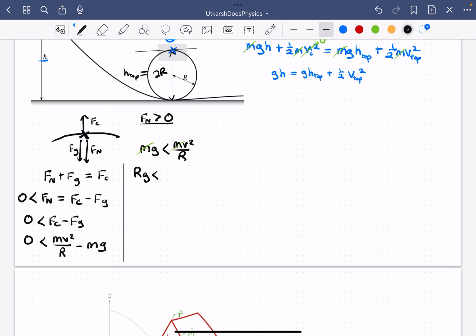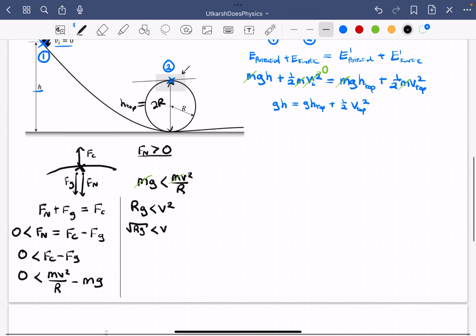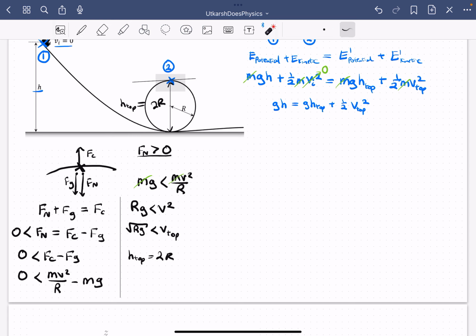So rg, the speed has to always be greater than the square root of rg. Now, once again, this was what we solved at the very top of the system. So we can call this v_top. So there you are. We've gotten an expression for v_top, and we've gotten an expression for h_top. So we have everything we need now to solve this equation.